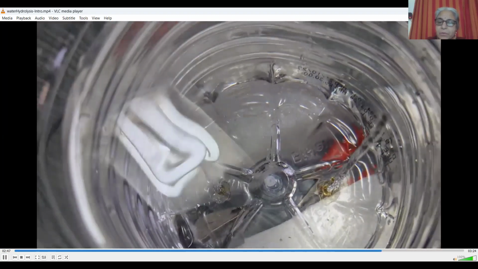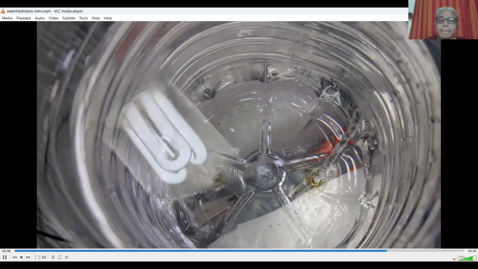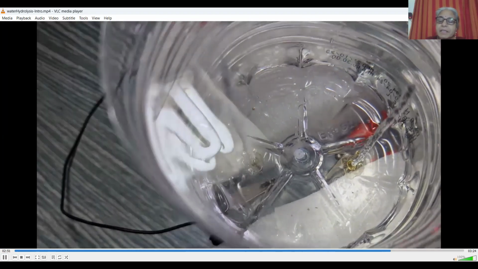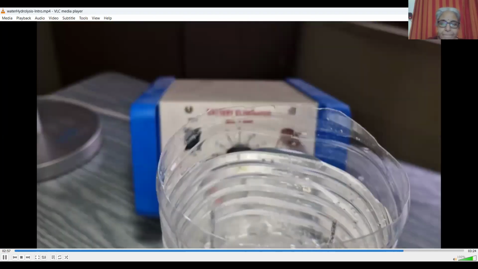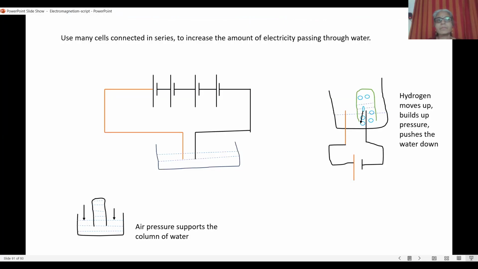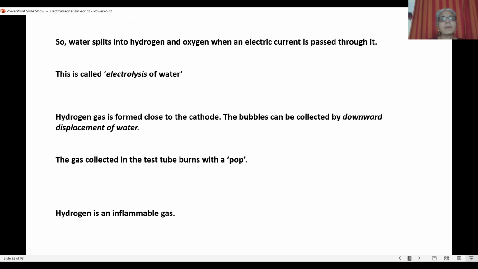So you can see that there are bubbles forming on the anode also. So gas is being released from water when you pass electricity through it. So water splits into two gases.